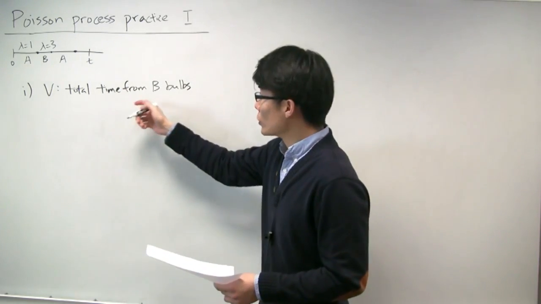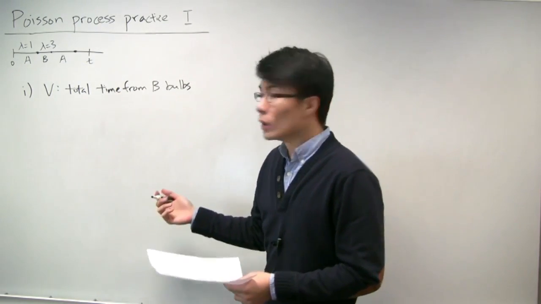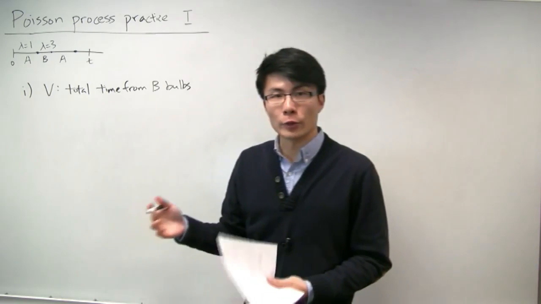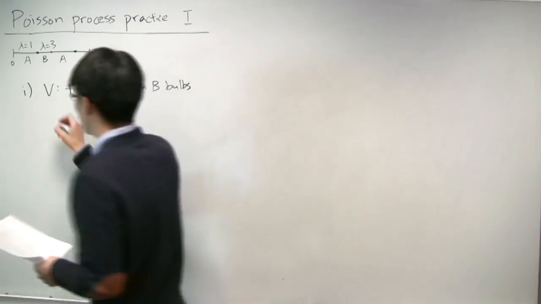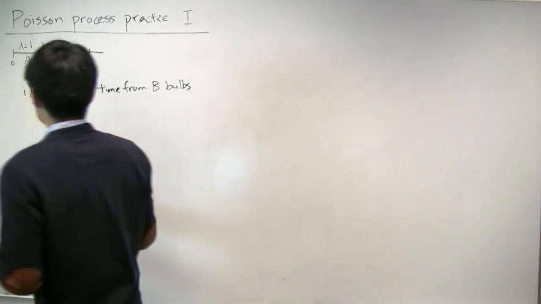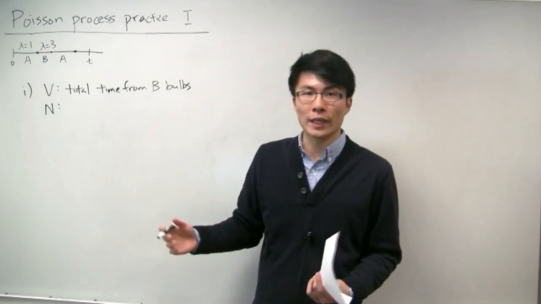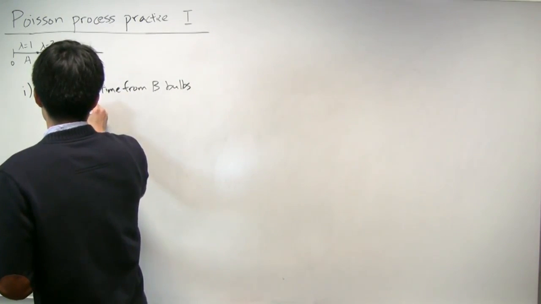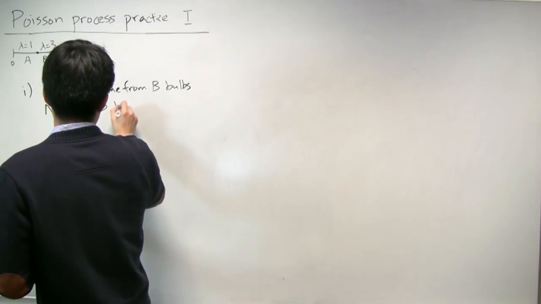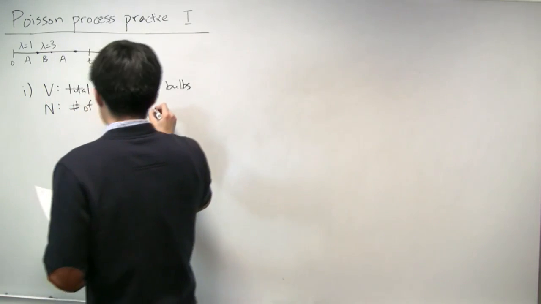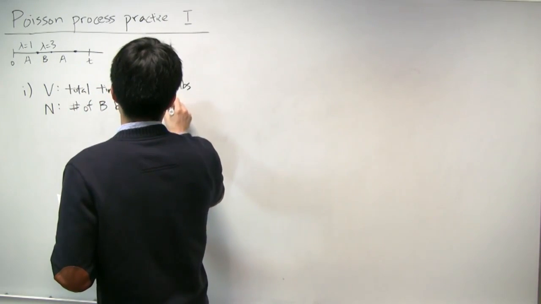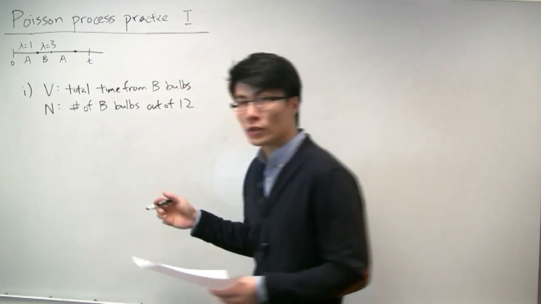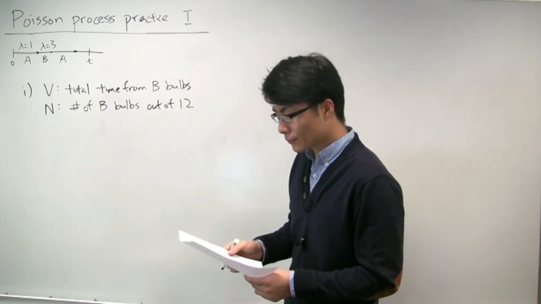In order to find that, we also need to know, out of those 12 bulbs that were used, how many were actually of type B? Because each time we choose either A or B randomly. So the number of B bulbs out of the 12 total bulbs is also a quantity of interest.